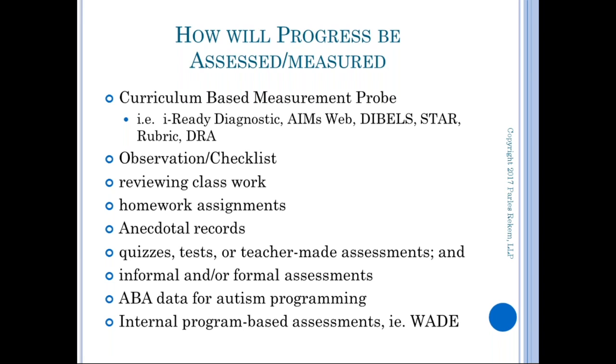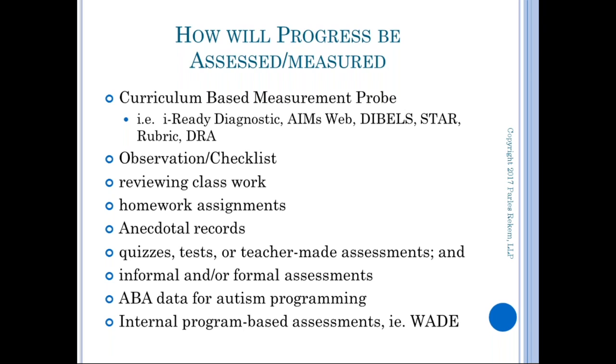So that is an internal program-based assessment, whereas you can also have curriculum-based measurements. That's where you see DRAs. All the kids are usually taking the DRAs. It's not just kids necessarily with a reading disability. And so that's a progress measurement that can be useful in assessing progress.